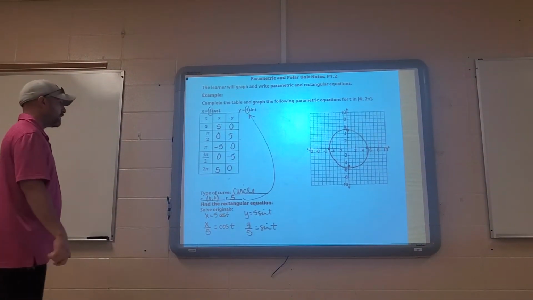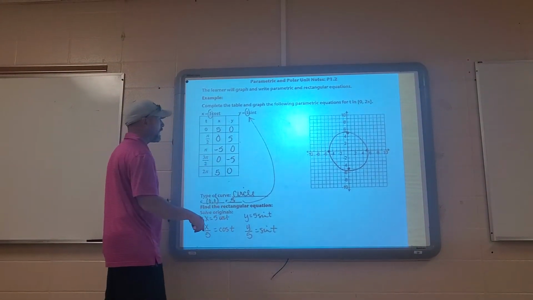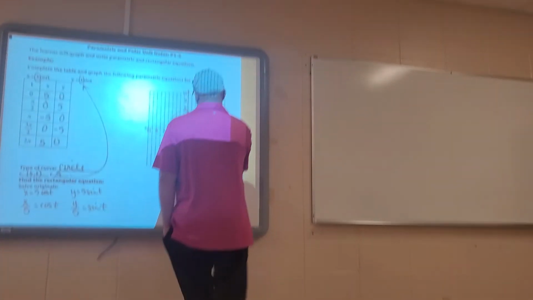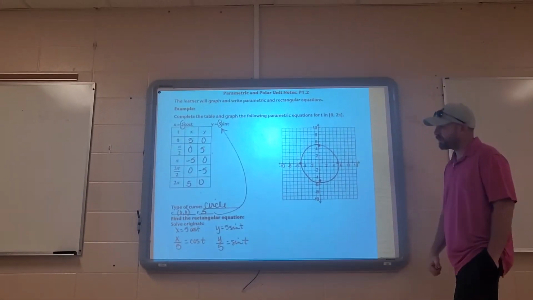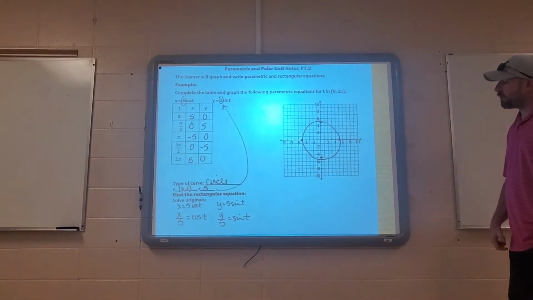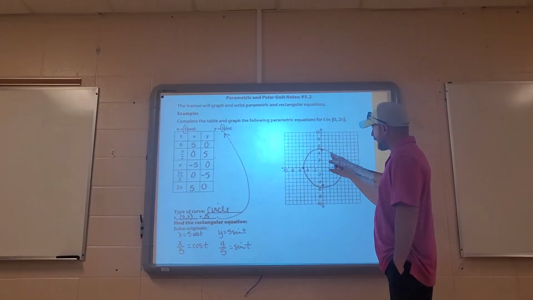All right. So when you do this, you're going to get these points. This one, this one, this one, and this one. It looks like a plus sign, right?